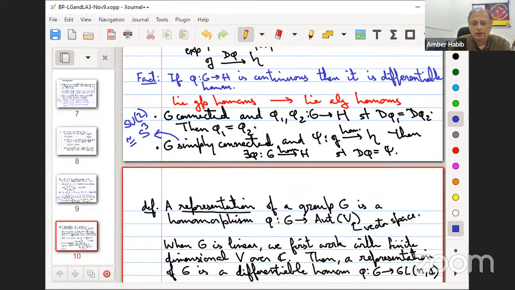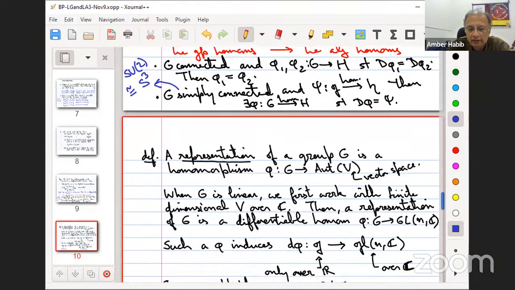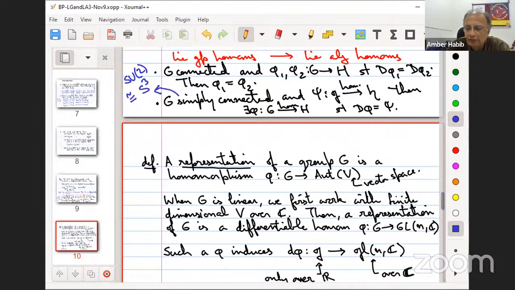So anyway, suppose the group G is a linear group. We will follow this pattern. We first work with finite dimensional vector spaces. And generally, to keep life simpler, we work over complex numbers rather than something else. Again, that's when you first do it. For various applications, you may want to work with other fields, or even over quaternions or something like that. But at a first go, it's best to restrict to finite dimensional complex vector spaces.